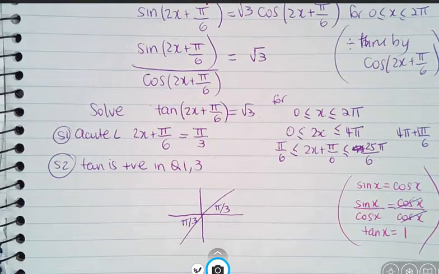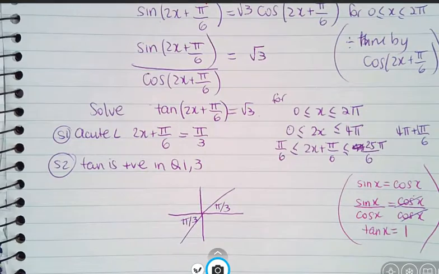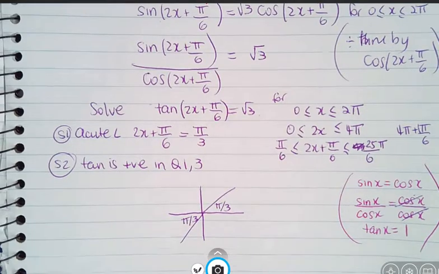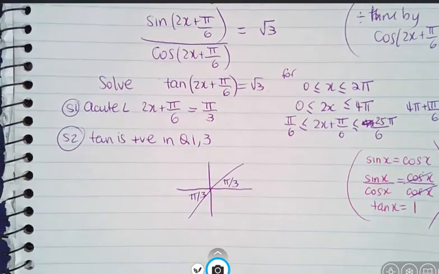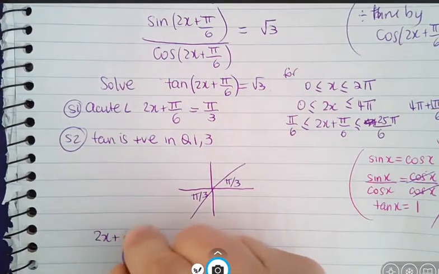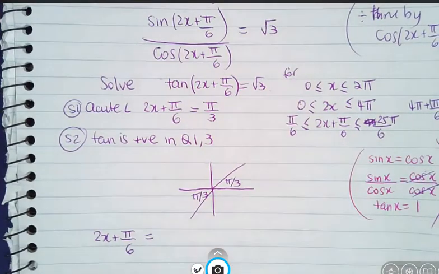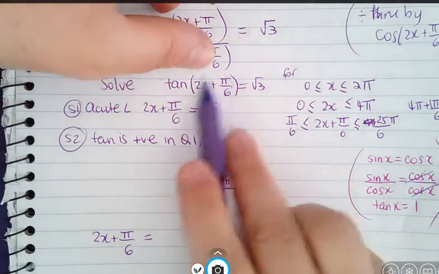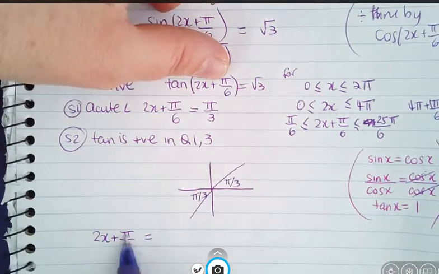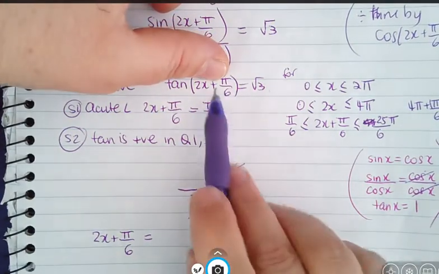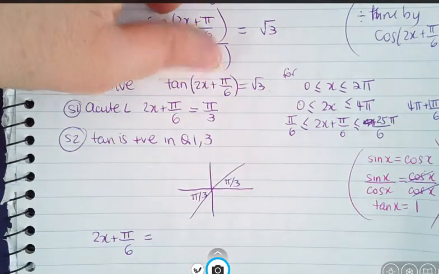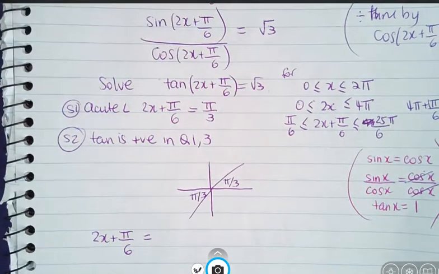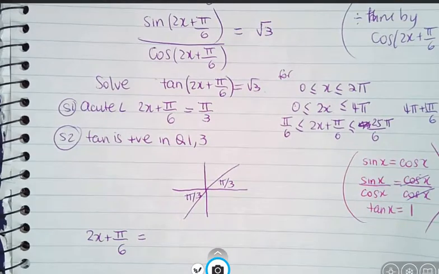Now I read off my answers, but I have to make sure I go around the right number of times. I'm going to put my answers down here for 2x plus pi on 6, because that's what we're solving, whereas normally you would just have an x sitting there. All right, so what do we think we do?